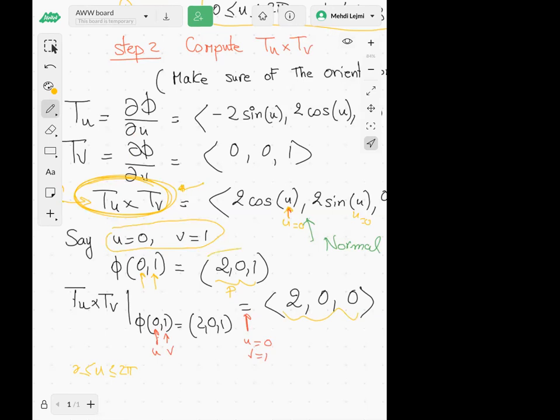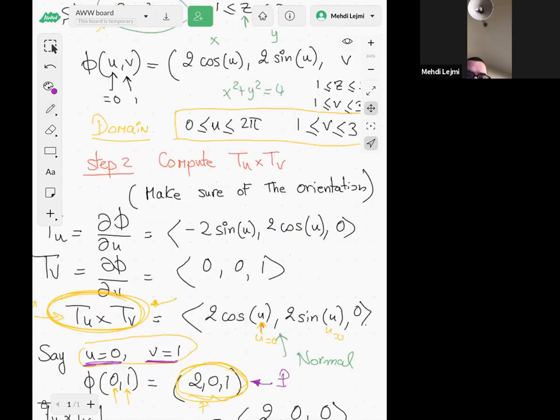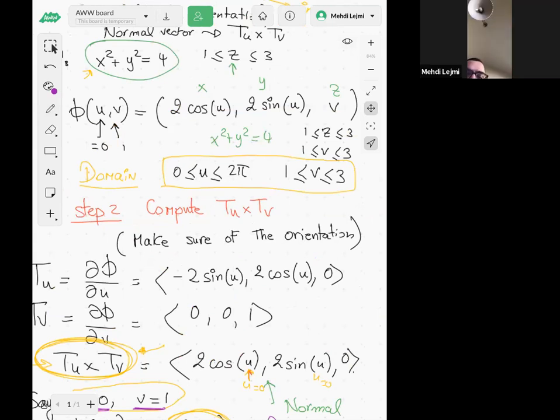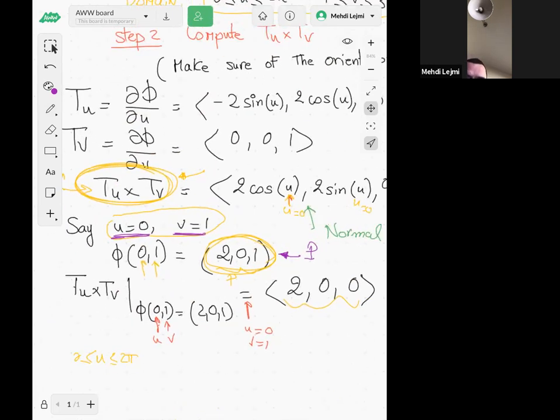I was confused because under the normal vector you had u equal to 0 and the point 2, 0, 1. Yeah, because to get this point P, which is 2, 0, 1, I had to replace u by 0 and v by 1 in the phi. So what I'm saying is that at the point P, 2, 0, 1, u must be equal to 0 and v must be equal to 1. Okay.